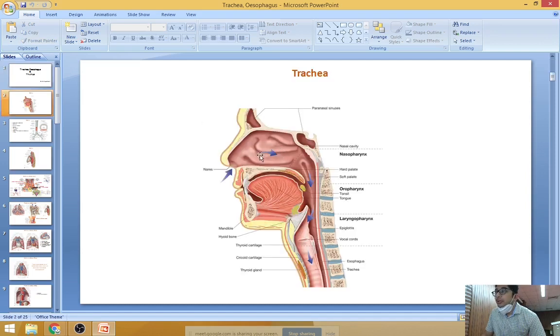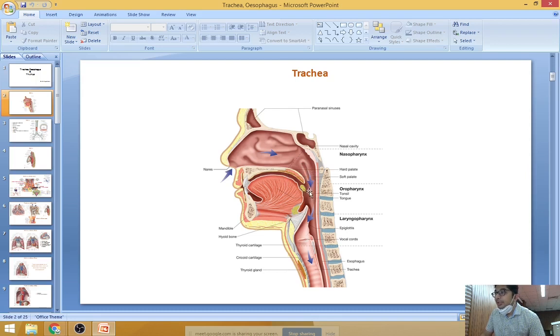Now here, this is a picture I think from your higher secondary books, where you can see there is a nasal cavity and the oral cavity. The nasal cavity stays up, the oral cavity down, separated by the palate. Then from the nasal cavity there is an area known as the nasopharynx, the oropharynx.